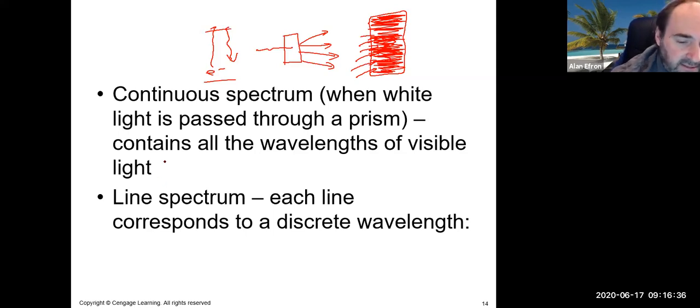Now, elements in their gas state, for example, and heated solids will typically give off a line spectrum. In a line spectrum, we see distinct lines occurring at distinct wavelengths that correspond to electrons transferring from one energy level to the next. Electrons have enough energy to make it up to this energy level, and enough energy to come back down to this energy level.